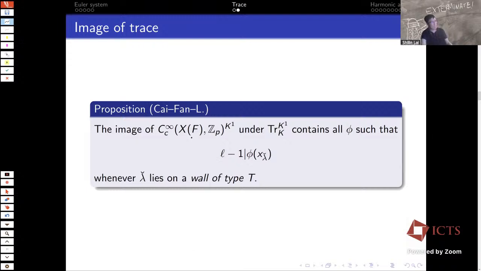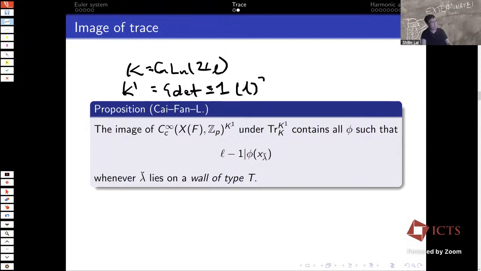So the image of the functions on X(F) mod K_1. So remember, if K were something like GL_n(Z_p), then K_1 would be the subset where the determinant is 1 mod L. So under the trace map, the image lies in the unramified functions.